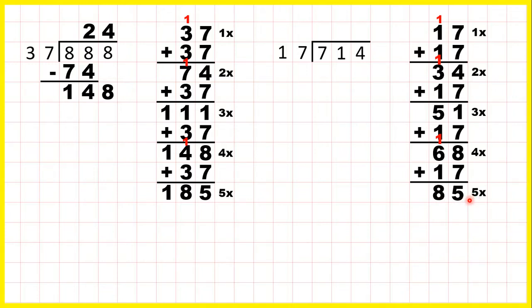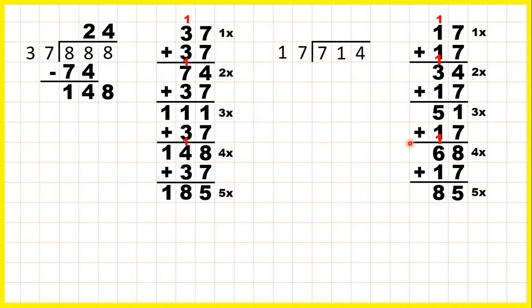And we can be fairly confident that we haven't made any mistake in our calculation, because remember, 5 times always ends in a 0 or a 5, and 85 ends in a 5. Now, rather than carrying on, we can look back at our question. Taking the first 2 digits together, we have 71 divided by 17.